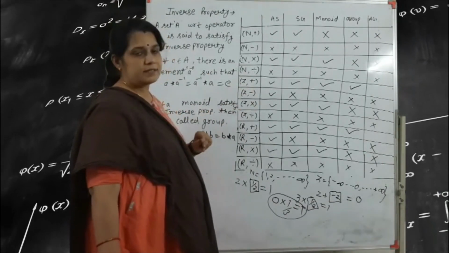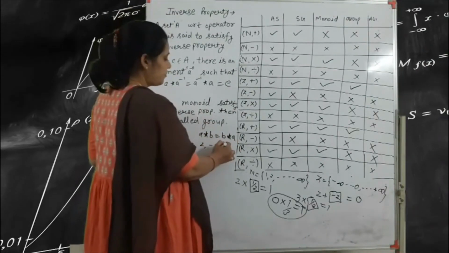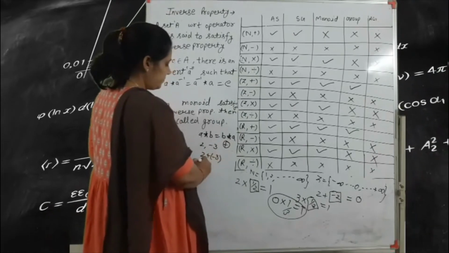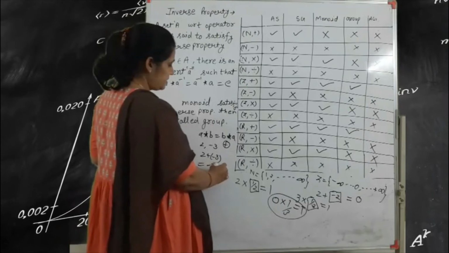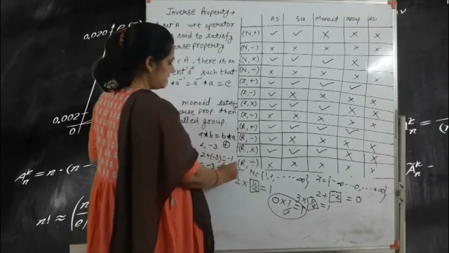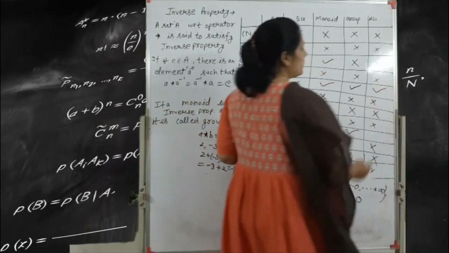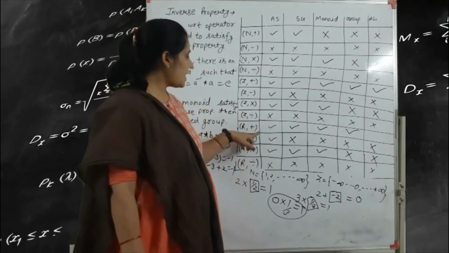So for Z plus, if we take 2 and minus 3 and the operator is plus, then 2 plus minus 3 is equal to minus 3 plus 2. So minus 1 and here also minus 1. That means Z plus satisfies the commutative property. Got it? Next one is R plus.